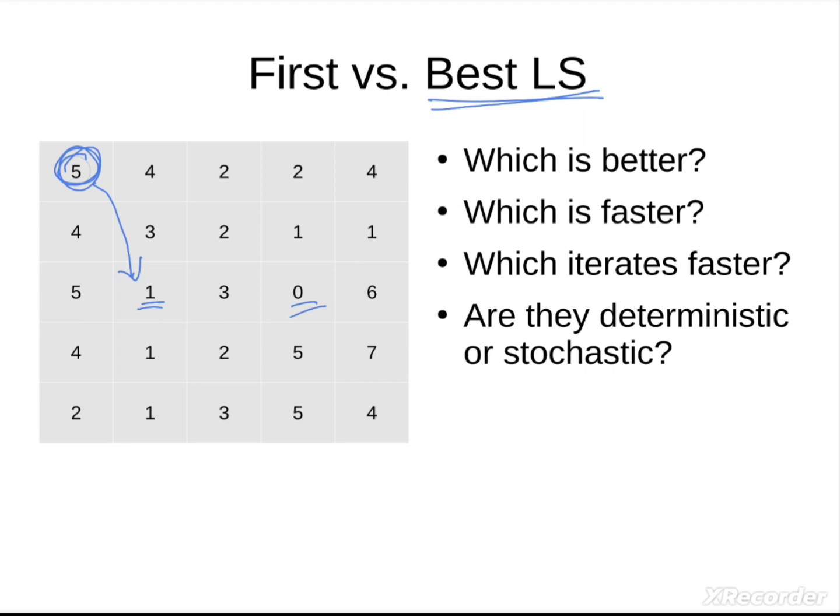But if we apply the first improvement strategy, there is a possibility of moving this way: this neighbor which is better, this neighbor which is better, and finally this neighbor which is better. You will not always end up in this solution, but at least your probability of getting to this point is not zero in this case.